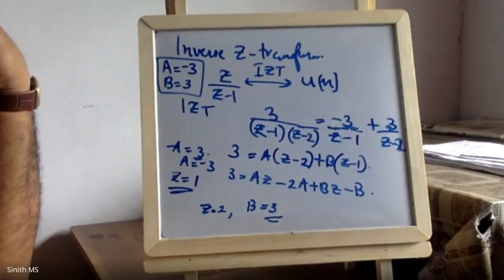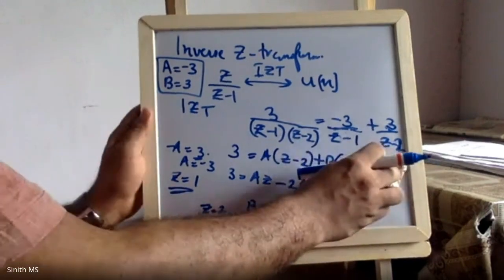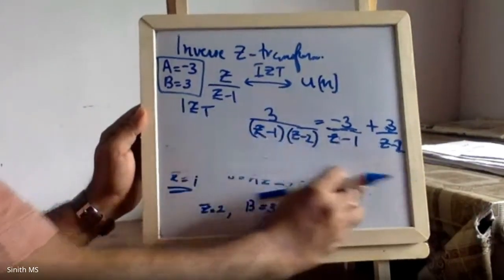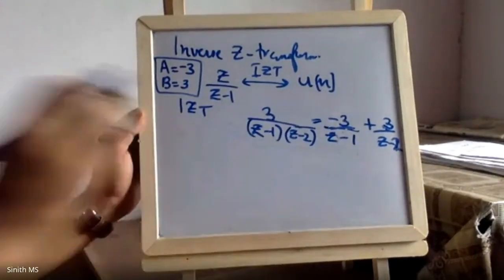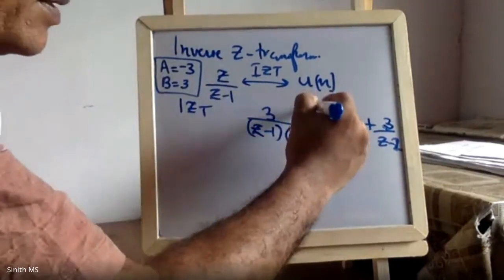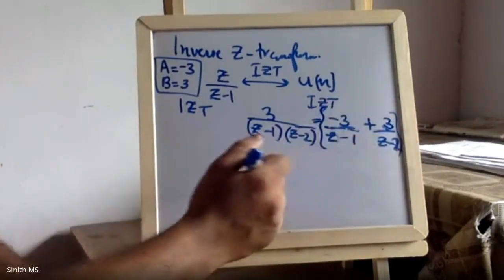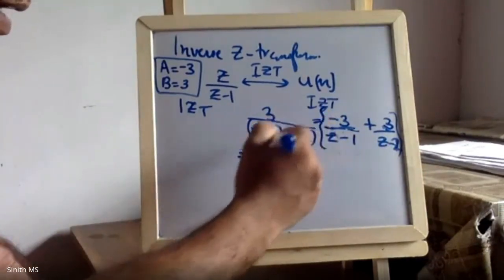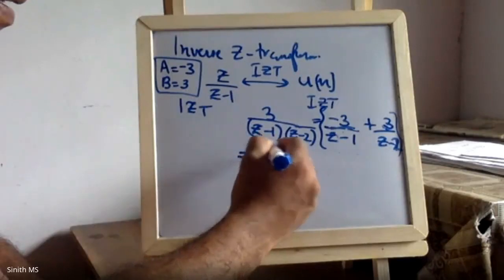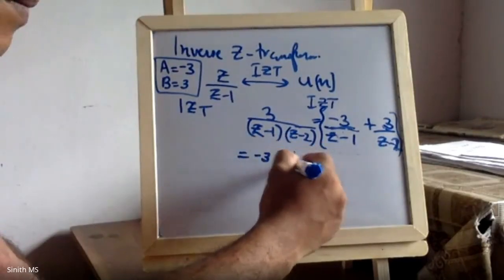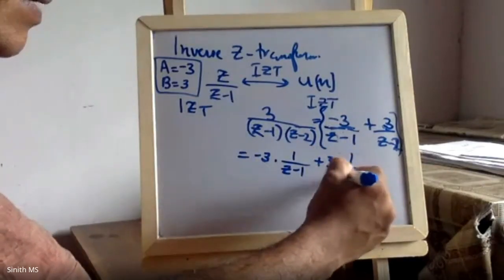The inverse Z transform of the whole thing will be the individual inverse Z transforms. So this you can write as minus 3 into 1 by z minus 1 plus 3 into 1 by z minus 2.